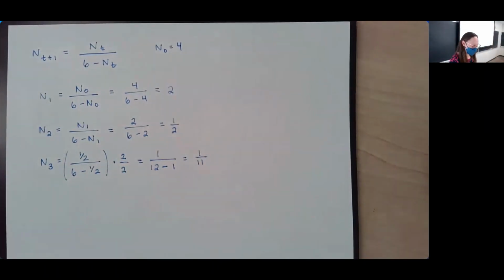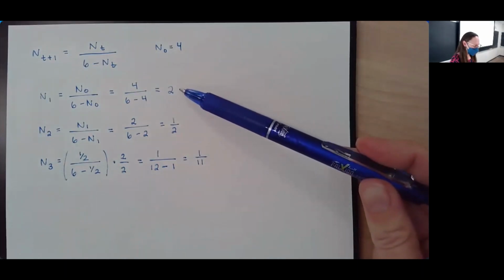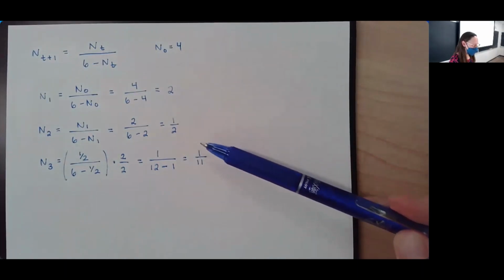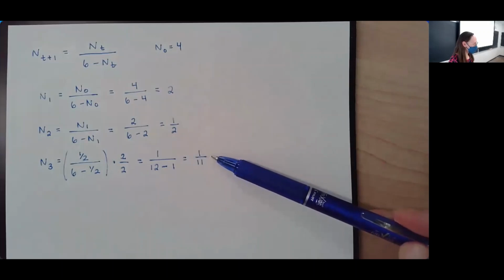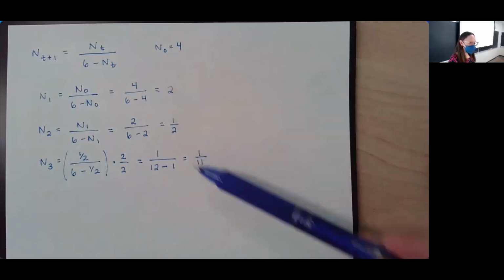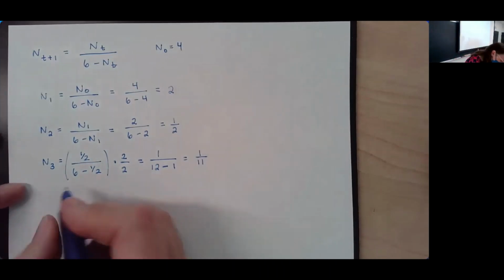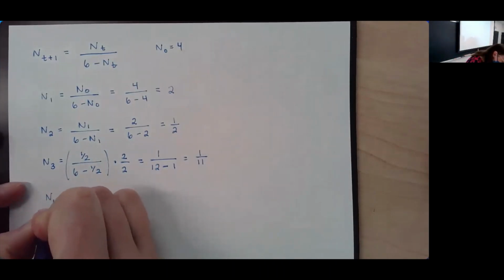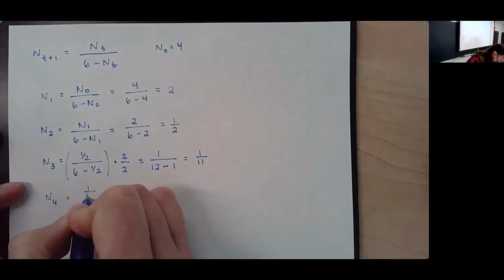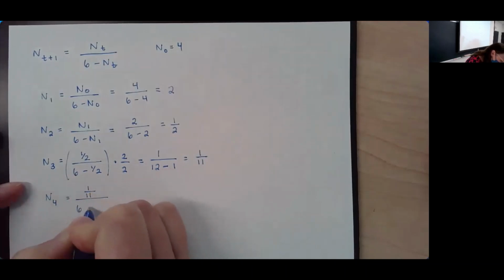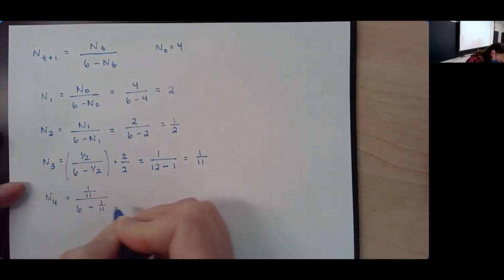I don't know about you, but I'm not seeing some super easy pattern to pick up on here. But let's just go one more step into the future. So I'd have 1 over 11 over 6 minus 1 over 11.